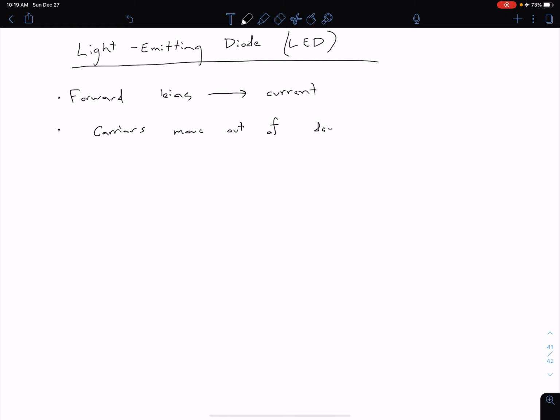And so once they go out of that depletion region, remember, this is a minority carrier device. So then we have minority carriers, which are going to be recombining.